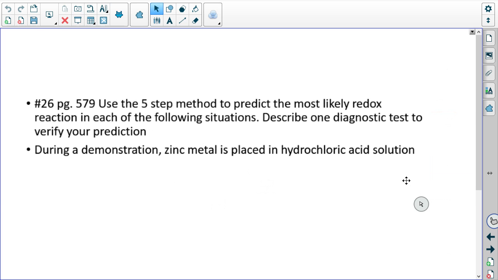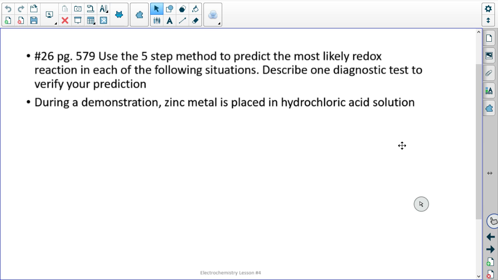You were asked to do these questions yesterday, so whether you copy this down or not, that's up to you. Couple things that I want to point out. I'm going to bring up my redox reaction table.